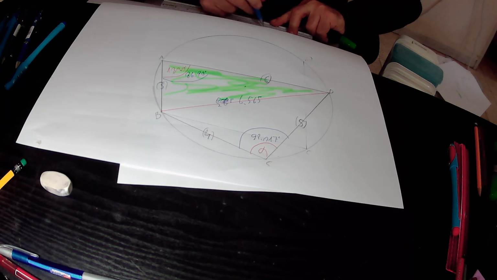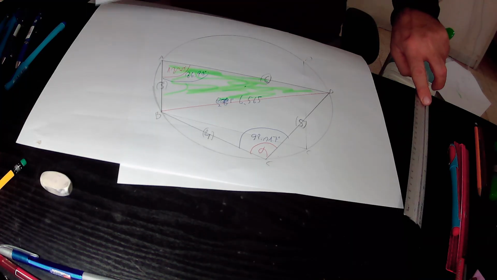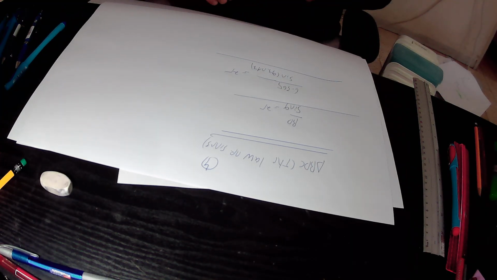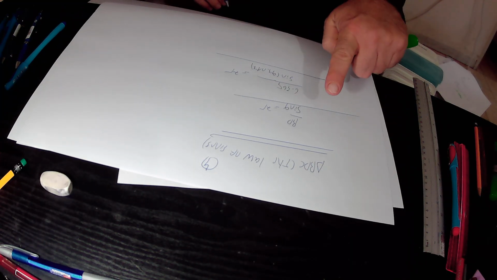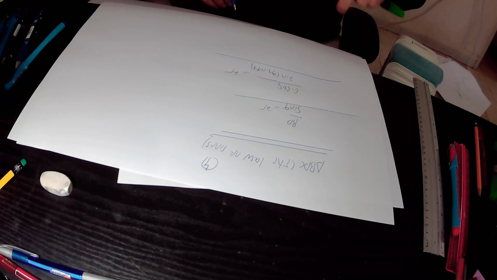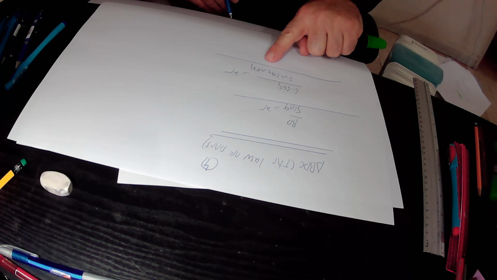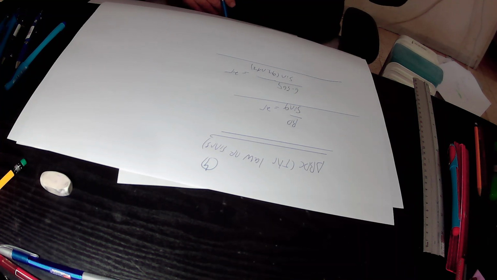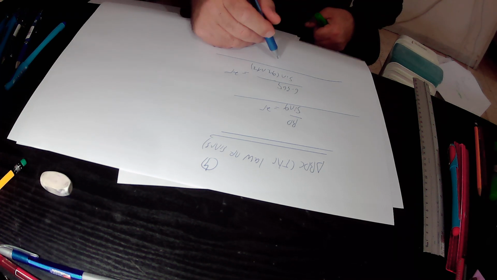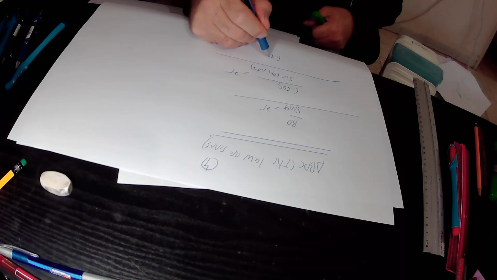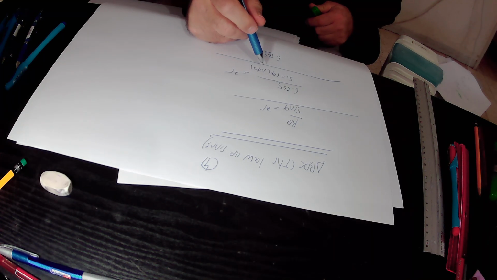So we found out that, according to the law of sines in the lower triangle BDC, 6.565 over sine 93.017 degrees equals 2R, and R is the radius of the circle that we are looking for.